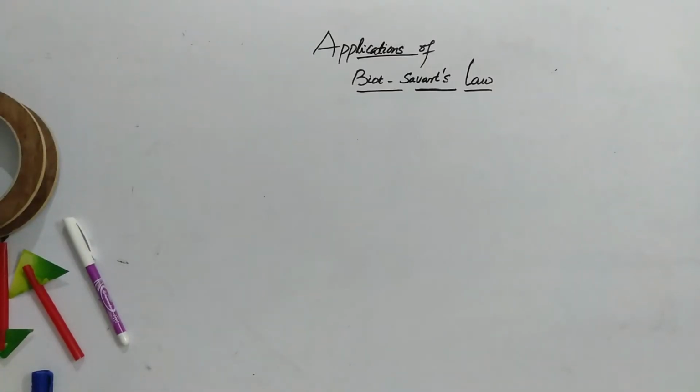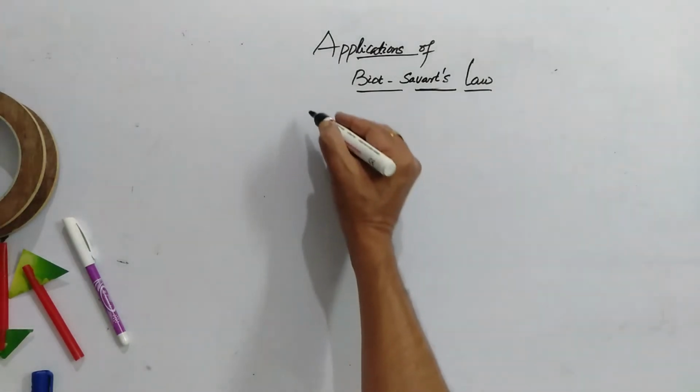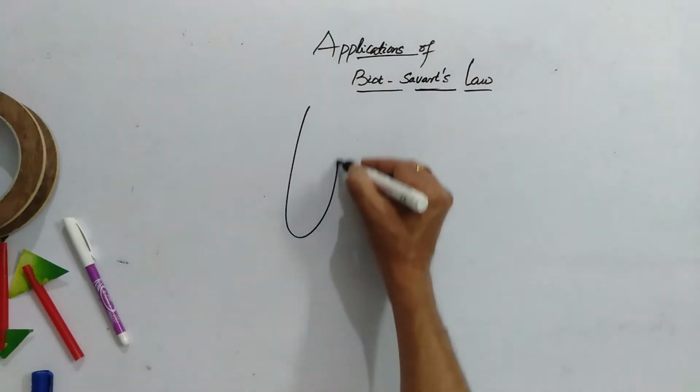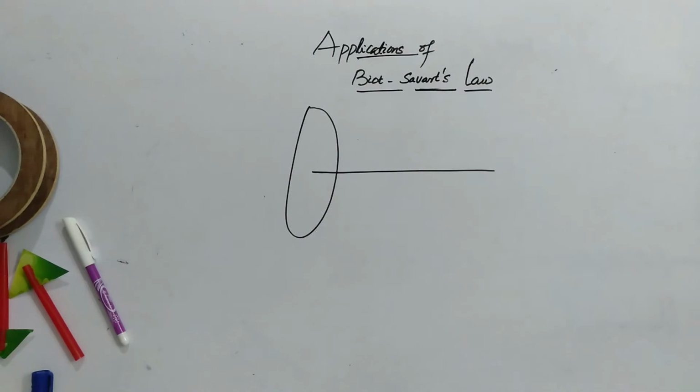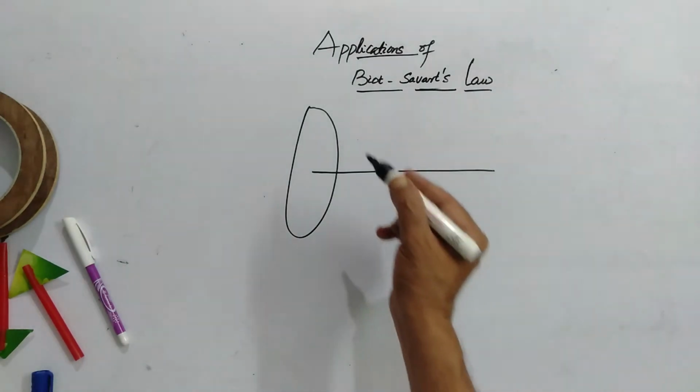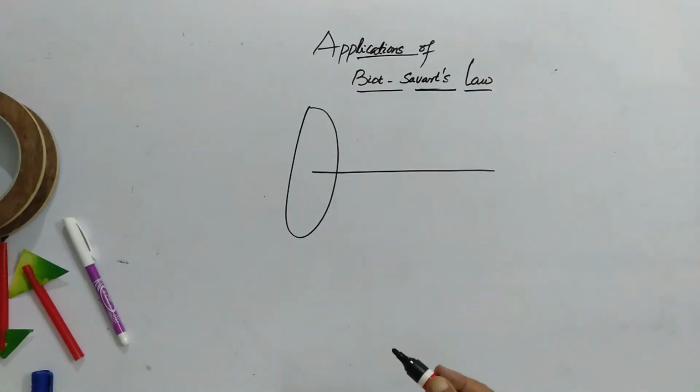Under the applications of Biot-Savart law, now we are interested in finding the magnetic field at any point on the axis of a circular coil. The process is the same again.